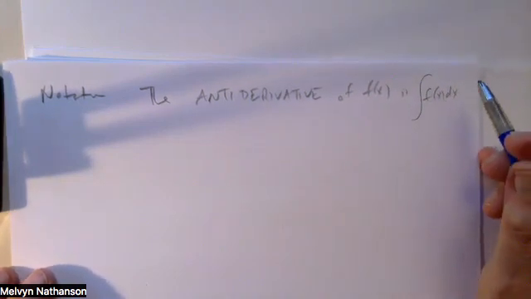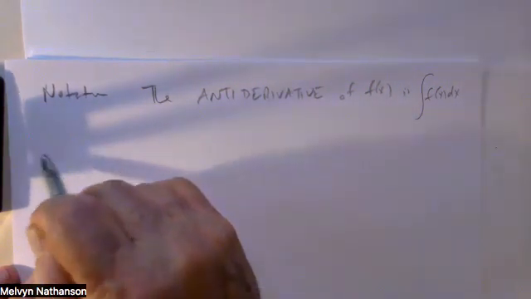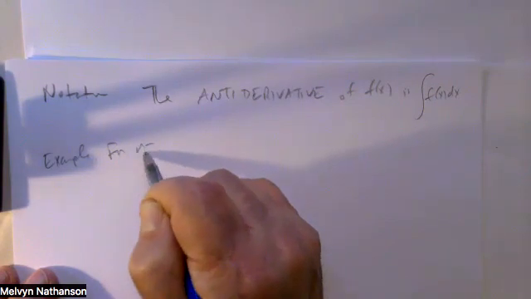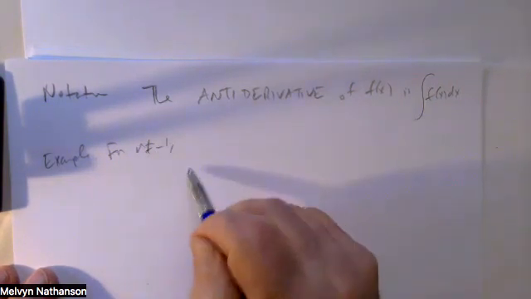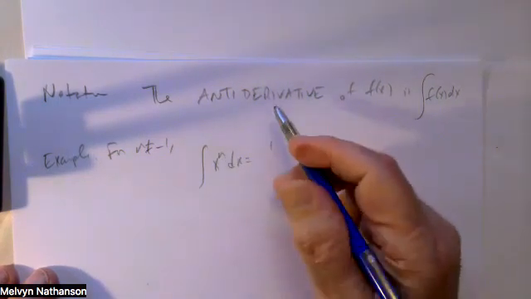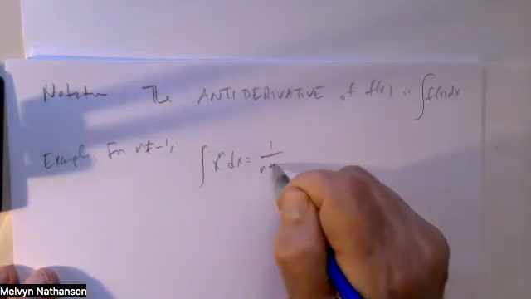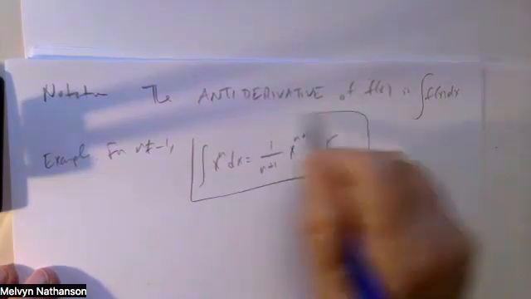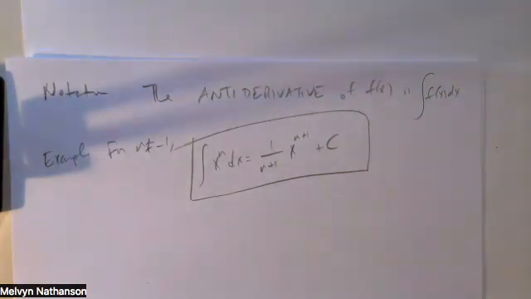So, for example, for n not equal to minus 1, the integral of x to the n dx is 1 over n plus 1, x to the n plus 1, plus any constant. This is actually the most important antiderivative.